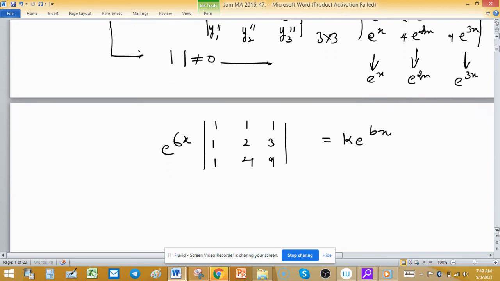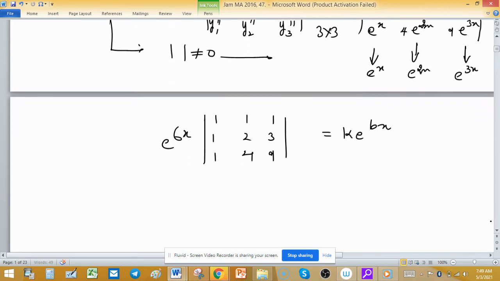So we have to find the value of b. You may have an intuition that the value of b may be 6, but you need to check the determinant.